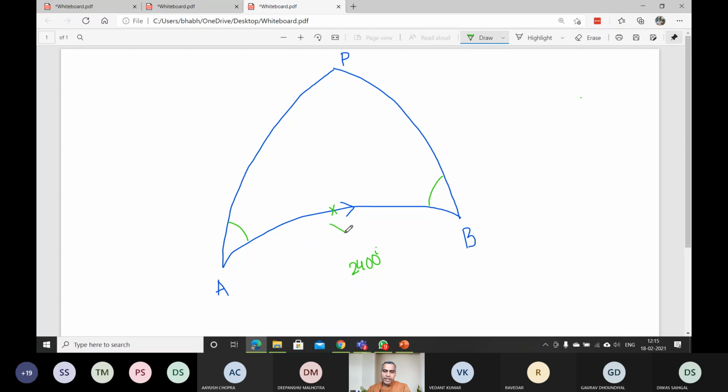We can call this point X, and this distance A to X will be 1200 miles. So 1200 means AX side would be 20 degrees. Now let's join PX.